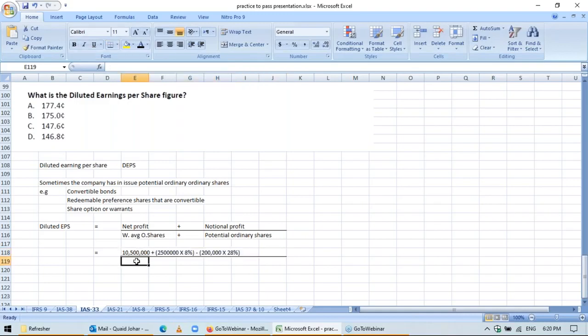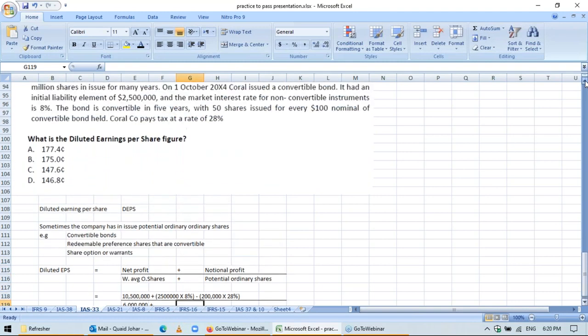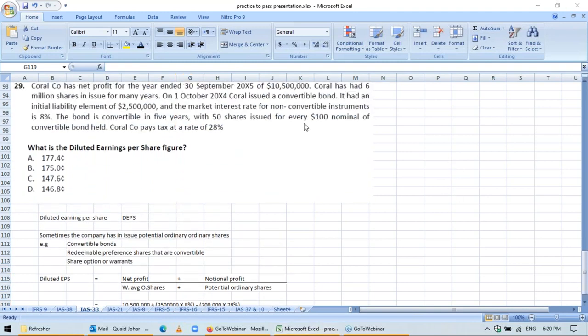So this will be our numerator. Now what about the ordinary shares? Currently the weighted average ordinary shares are 6 million, and we will add the potential shares to it. So what's the conversion ratio? The conversion ratio is given above, and it is 50 ordinary shares for every $100 convertible bond.